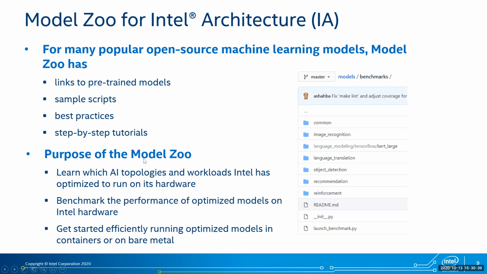The purpose of Model Zoo is that we want users to benchmark the performance of optimized models on Intel hardware and understand the benefit. We want users to get started efficiently running those pre-trained models or simple model scripts, and then they can try to move their workload on top of Intel TensorFlow. So that is Model Zoo.